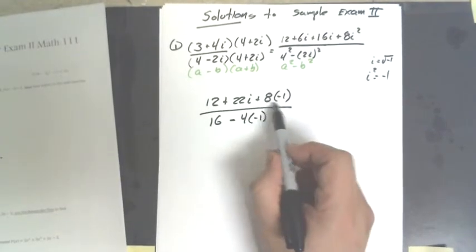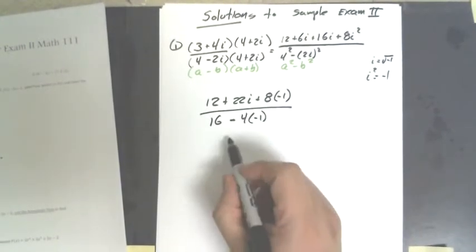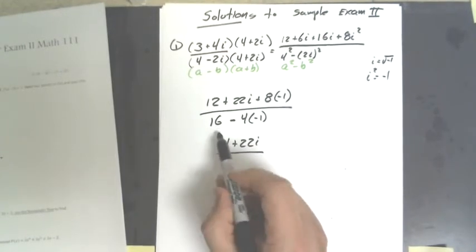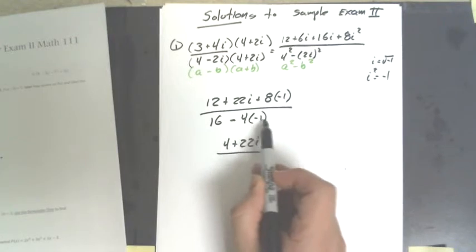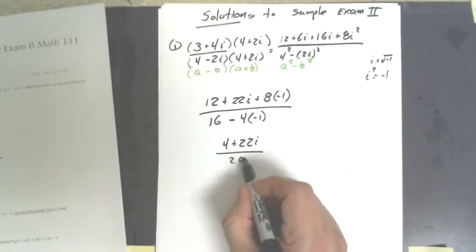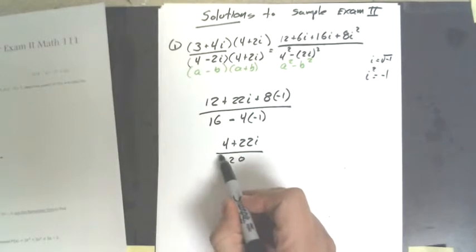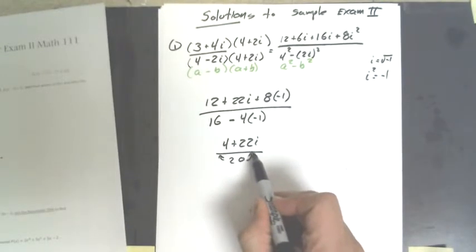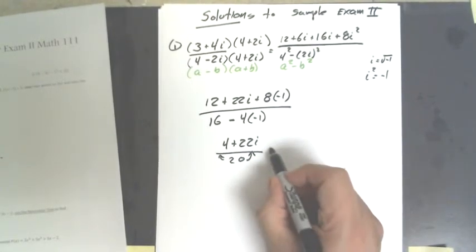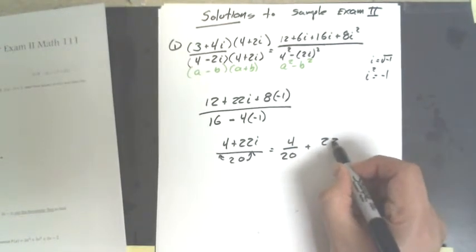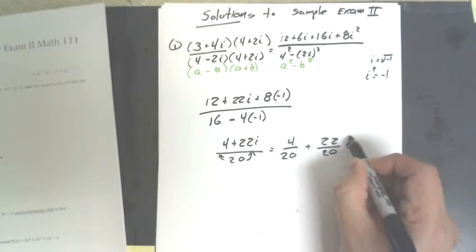So 12 minus 8, once this is done, 12 minus 8 is 4, plus 22i over 16 plus 4 is 20. So now that this is a real number, we can perform that nice division, because it's only one term now. So we get a nice 4 over 20 plus 22/20ths i.